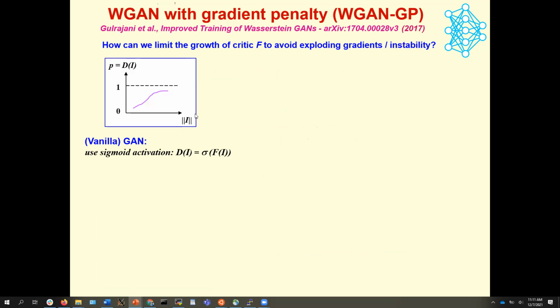The basic question we have, after we remove the sigmoid layer at the end of the discriminator and make it a critic, is that the output from the critic, the score, may theoretically be unlimited. Of course, in this case we will not have the vanishing gradient, because the output is no longer limited to 0 and 1, but we may have theoretically unlimited gradients, exploding gradients.